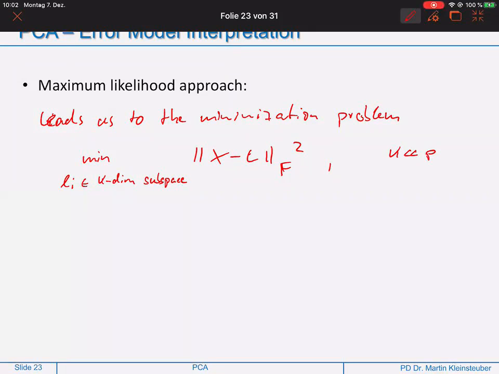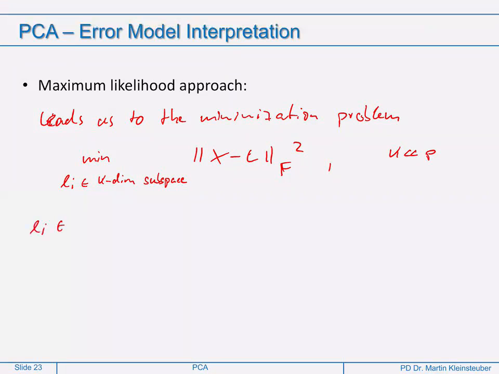And Li being in some k-dimensional subspace is equivalent to asking that the rank of L is smaller or equal to k. And that's just the definition of the rank, actually.